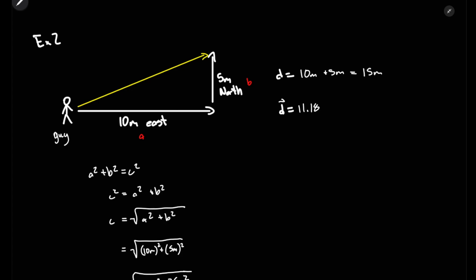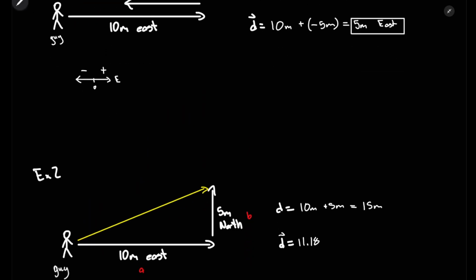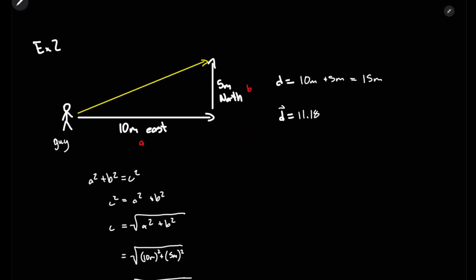No, we didn't get the displacement because we don't have a direction. We have a magnitude here, but we don't have a direction yet. You can't just write, oh, it's 11.18 meters somewhere above the east. That's not specific. For physics, if you want to be a physicist, you need to be specific. You need to tell the reader exactly what you calculated.